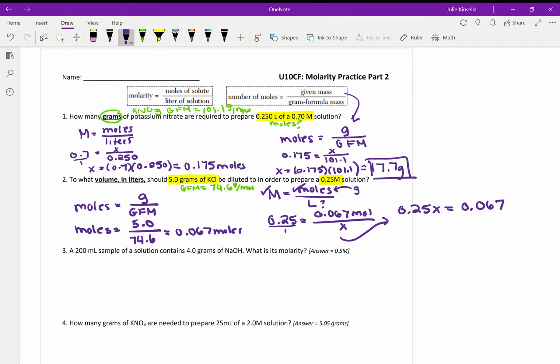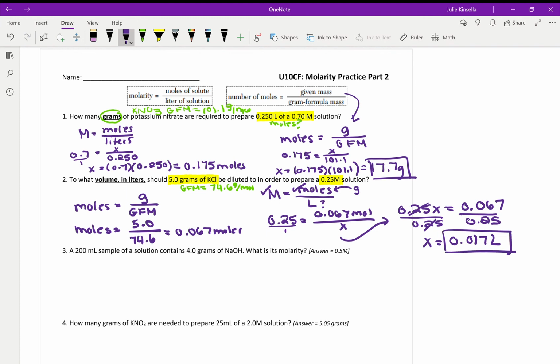And then this is the part that some of you guys struggle with. Look at what our x is. You have to take that number that is with x, divide both sides by it. Okay, that allows the 0.25s to cancel out. So you have x by itself, which is what we're trying to do. And then when you divide those two, I get 0.017 liters. And that would be my final answer.